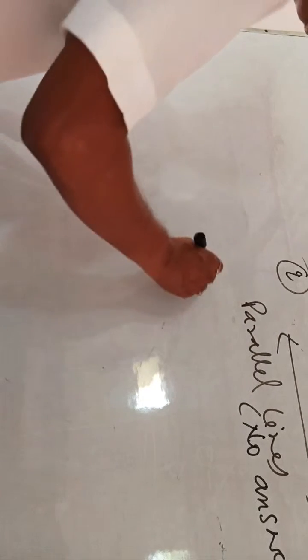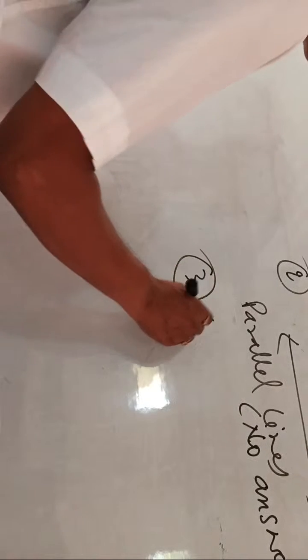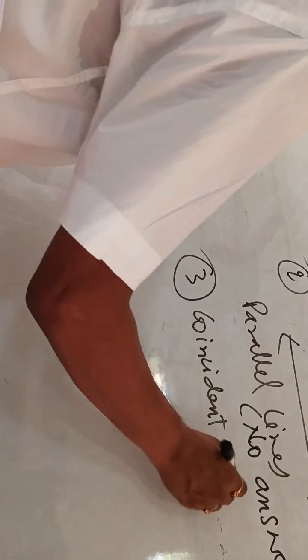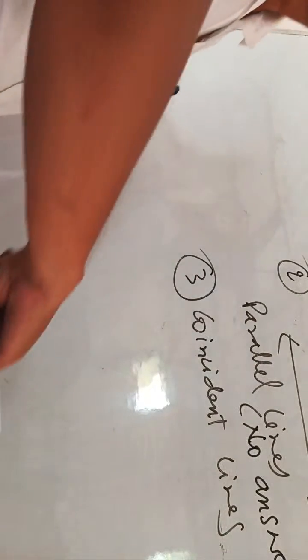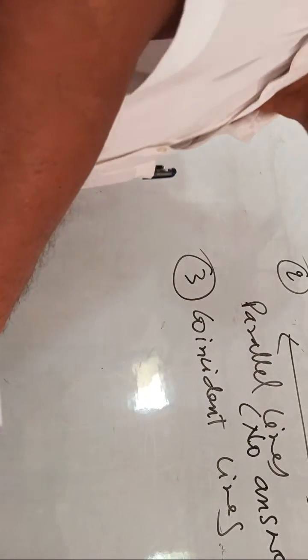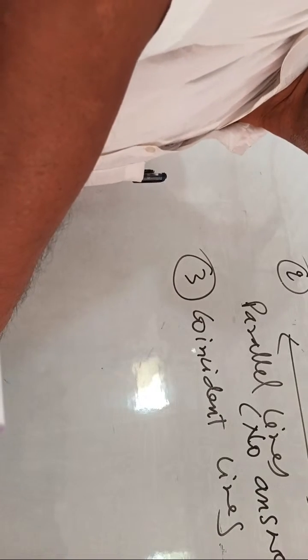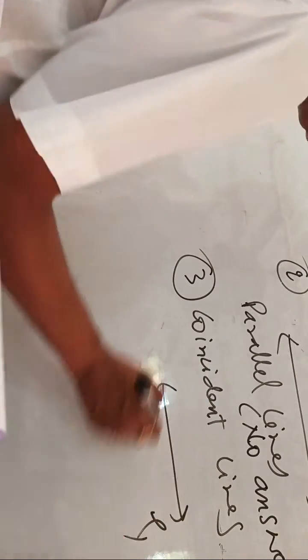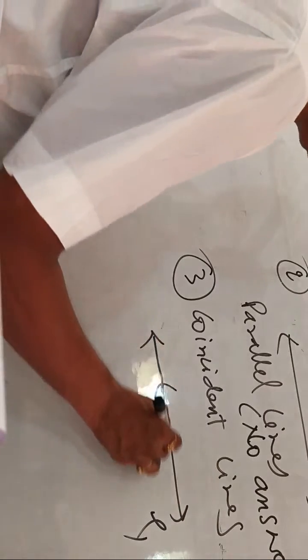The third case is coincident lines. In this case, the two lines lie on the same line. Suppose the first line is like this. This is L1. The other line also lies on the same line.